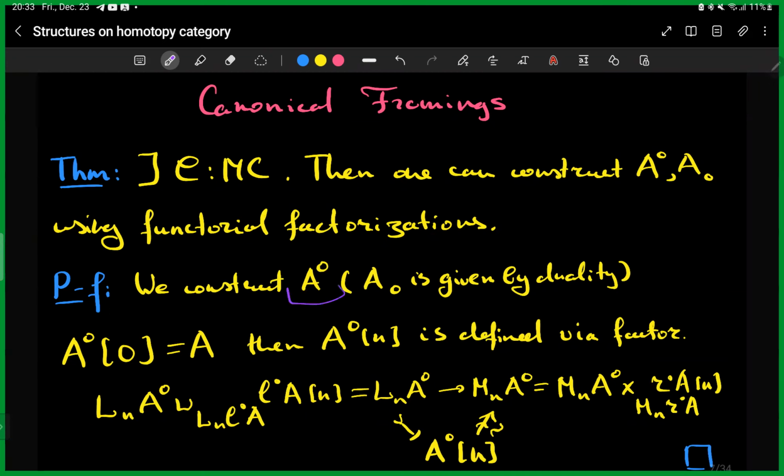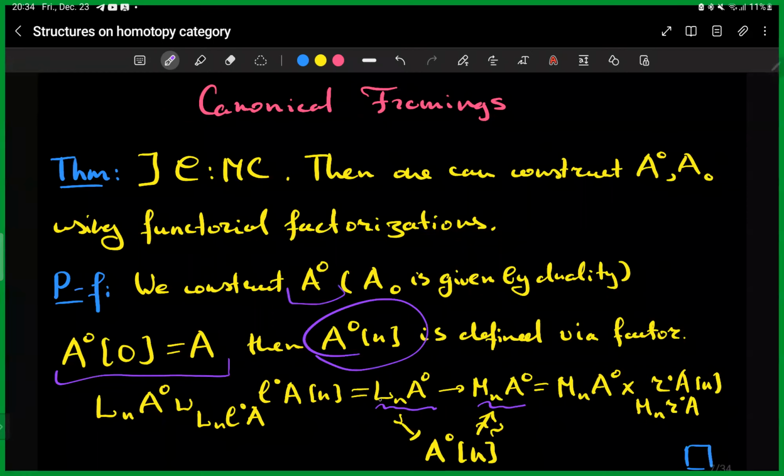and we do this using an iterative construction. So we start from the object A, and then we define A_n as an object that appears in the functorial factorization of a map from the latching object of A to the matching object of A. Of course, it's somewhat nonsensical because A_n is not yet defined.